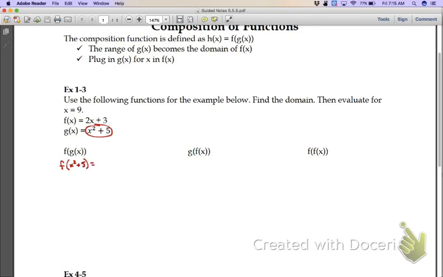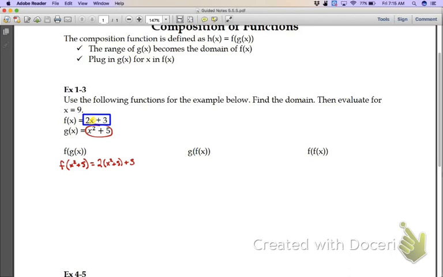If f of x is 2x plus 3, all I'm going to do is take what's circled in red and plug it in for that x that I have right here. So I'm going to have 2 times x squared plus 5, and then I'm just going to tack on the plus 3 on the back end.